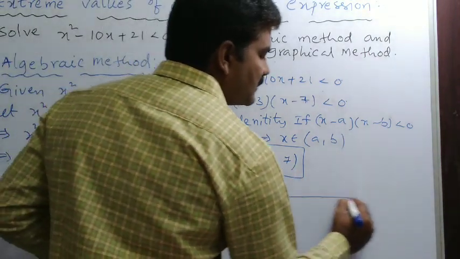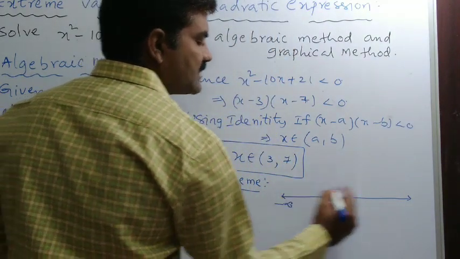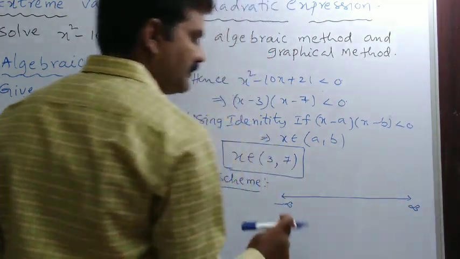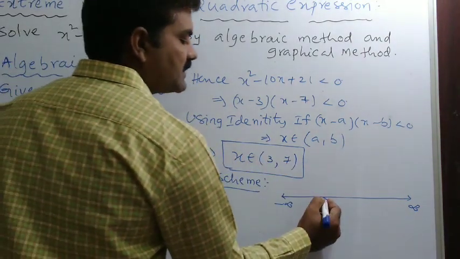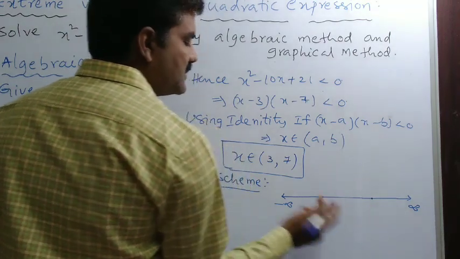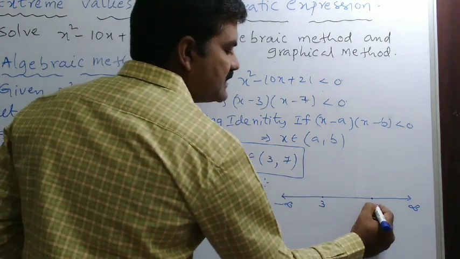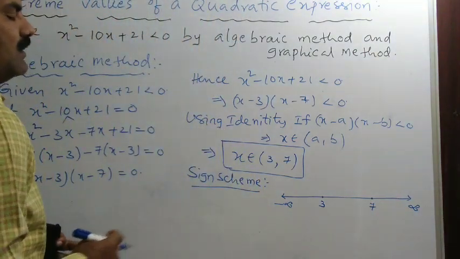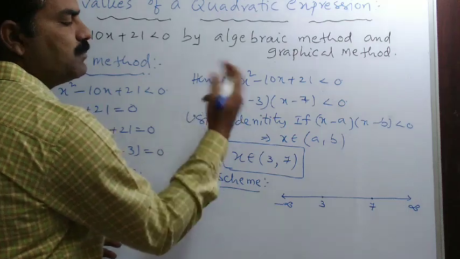Now coming to the sign scheme, let us consider the real number line from minus infinity to plus infinity. Note down these points such that the smallest one should be first, hence it is 3, and somewhere consider this is 7. Now look at the coefficient of x square, which is 1, hence it is positive.